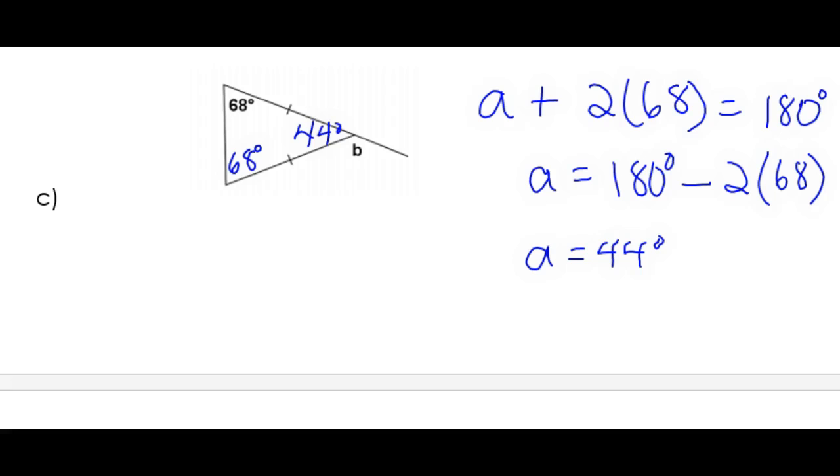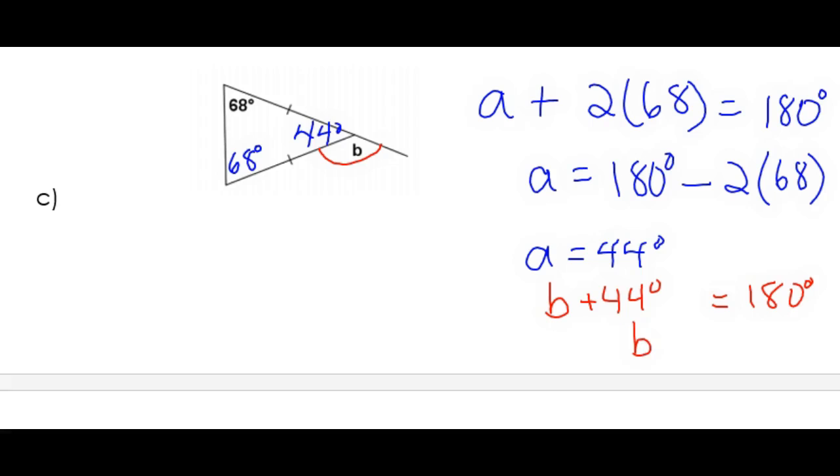Right? So I'm not quite done because, again, the problem is asking me to solve for B, and I haven't found out the measure of that angle B yet. All right, so I know that angle B and the 44 degrees are supplementary. They add to 180 degrees. So angle B plus the 44 degrees combined will give me 180 degrees.